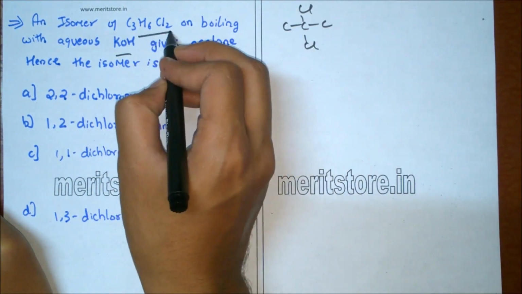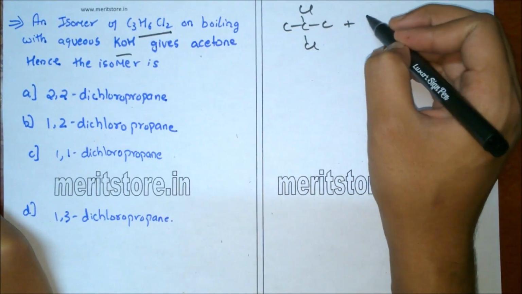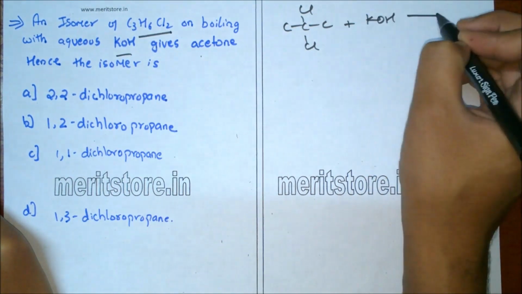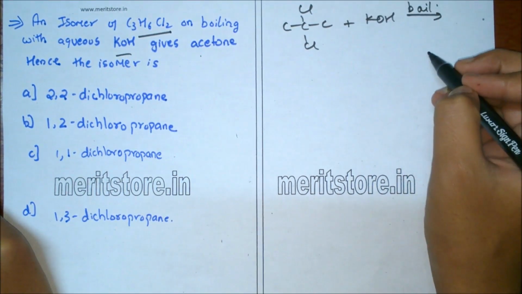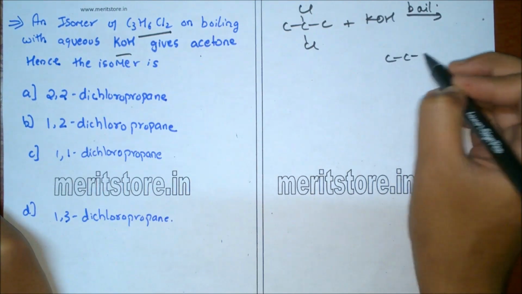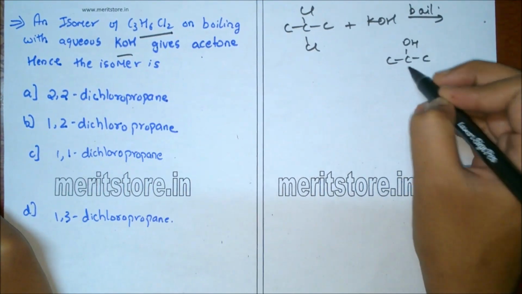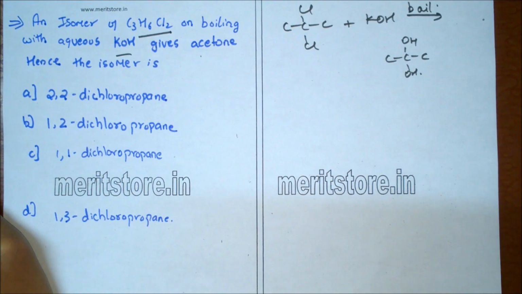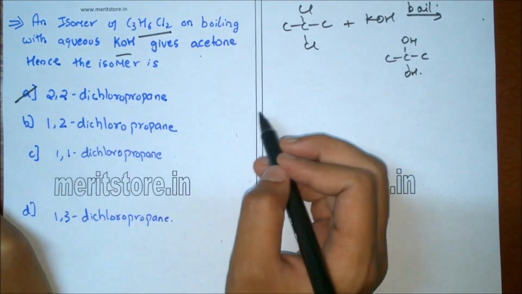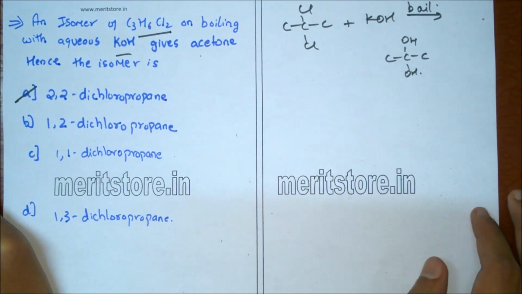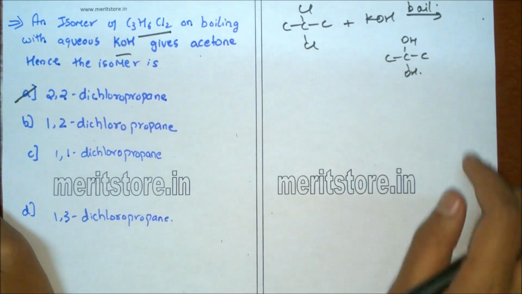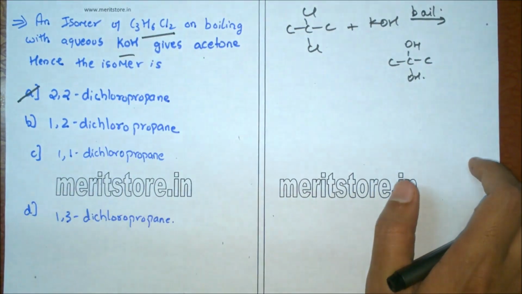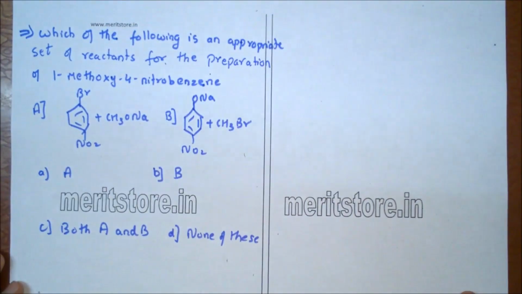From this, on reaction with aqueous potassium hydroxide, boil it, will give an alcohol which is unstable, a diol. So option A is the correct answer, as this unstable product will give acetone on rearrangement of the alcohol group.